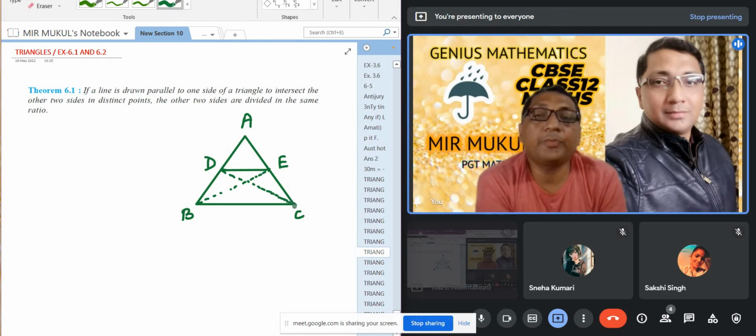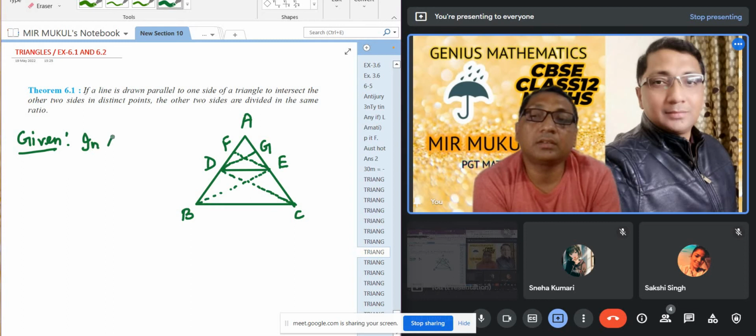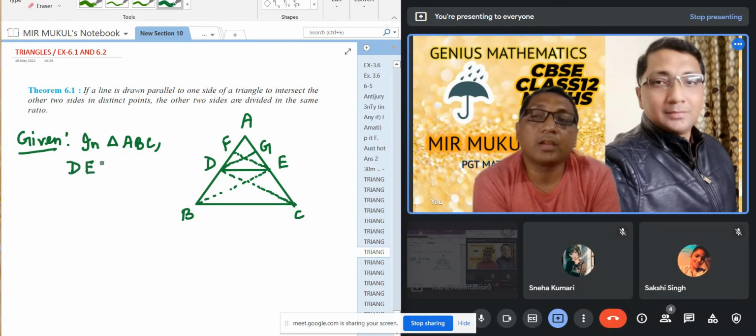Now from E, draw a perpendicular EF, and from D, draw a perpendicular DG. So what is given? Here the given part is: in triangle ABC, DE is parallel to BC. This is given.